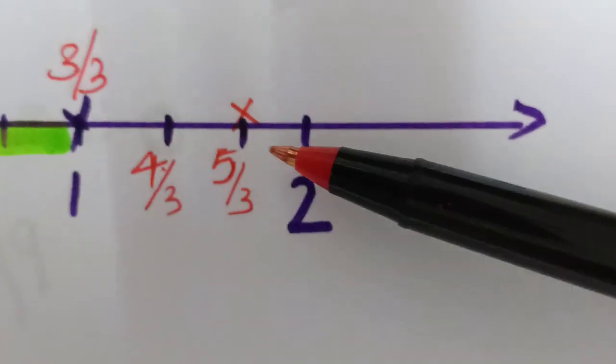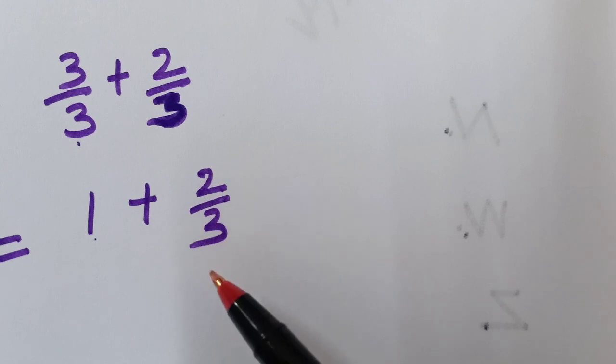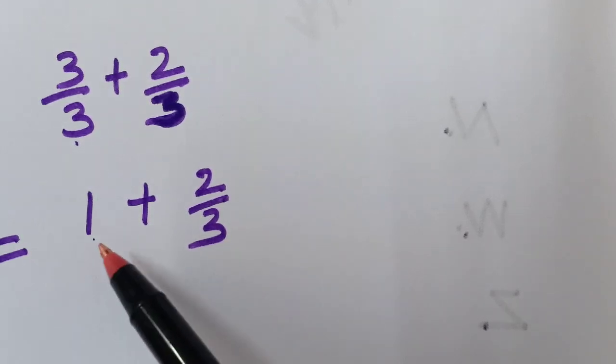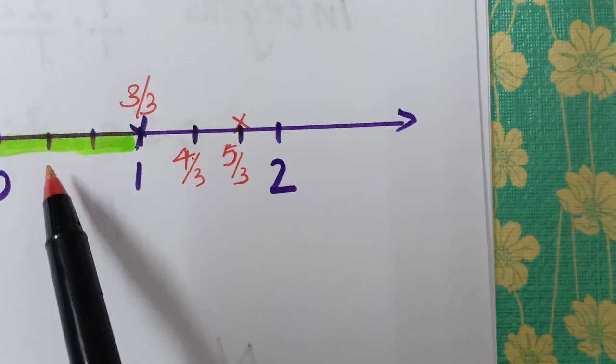Because 5 by 3 means 1 plus 2 by 3, that is, 1 whole unit plus 2 parts of the next unit. That only we have taken here.